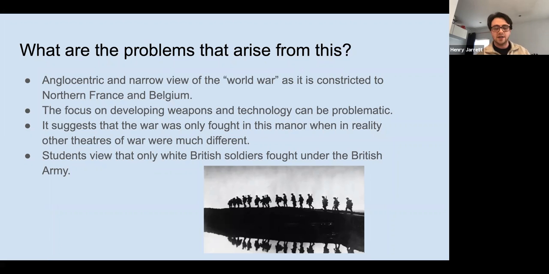And leading on from the trench warfare, it suggests that that was the only way the war was fought, when in reality, the war was fought in a number of different ways across the globe, as we'll come to discuss later. And again, students only get the perception that white British soldiers fought under the British Army, which is something that we'd quite like to debunk, and we'll discuss it again later in the presentation.